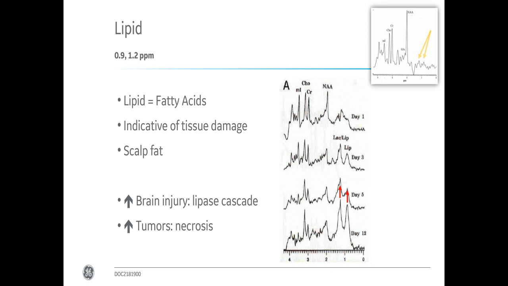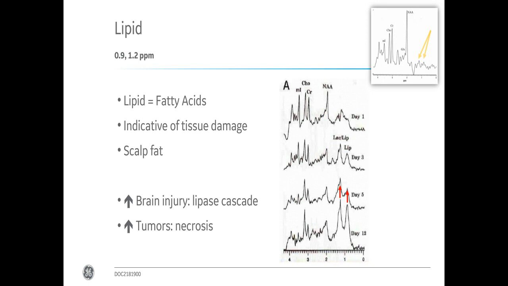The only thing you need to be careful about is that you find a lot of lipids within the scalp fat. You don't want to have that, so you need to be careful not to get too close to the skull when you do your spectroscopy.